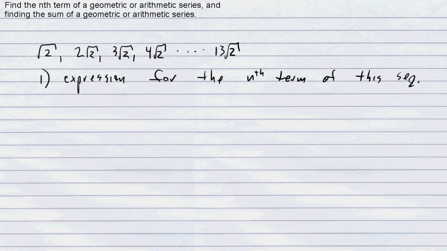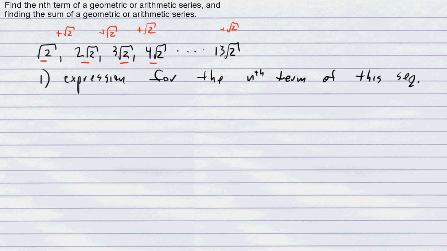First off, we have to look at that and think, well, what kind of sequence is that? If you look carefully, rad 2, 2 rad 2, 3 rad 2, 4 rad 2, each time we're adding rad 2 all the way up to 13 rad 2, and in fact, we add it 13 times.